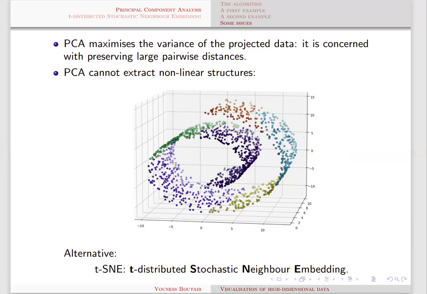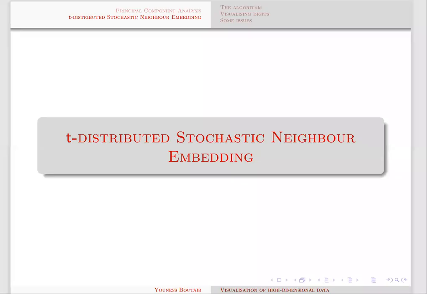This is a non-linear projection technique that has the following priority rule. If your high-dimensional objects are close to each other, then their lower dimensional representations must be close to each other, while it is perfectly okay to distort the large distances.